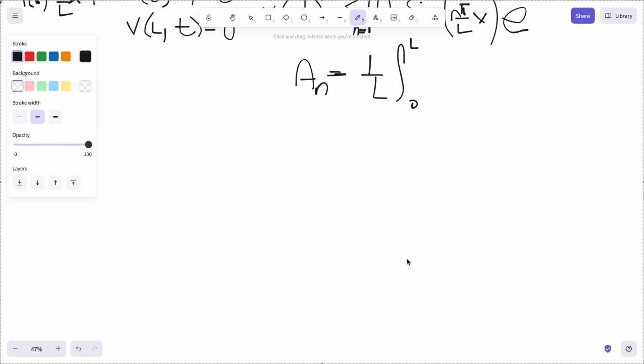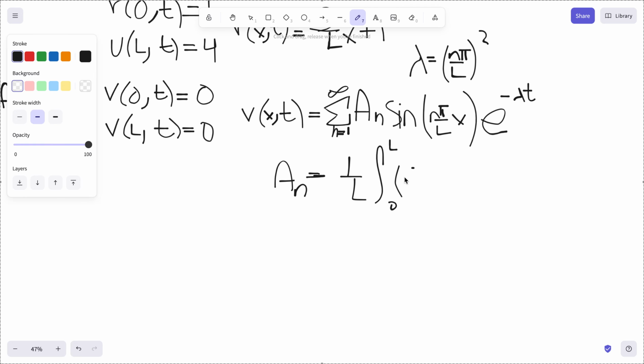And so here, instead of f of x, we would say f of x minus 3 over L x minus 1, times sine of n pi over L x, with respect to x.